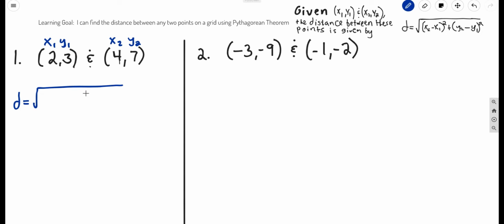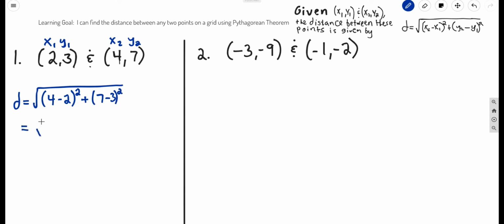We take the difference in the x coordinates, x2 minus x1 is 4 minus 2, and square it. And we subtract the y coordinates, y2 minus y1 squared is 7 minus 3 squared.